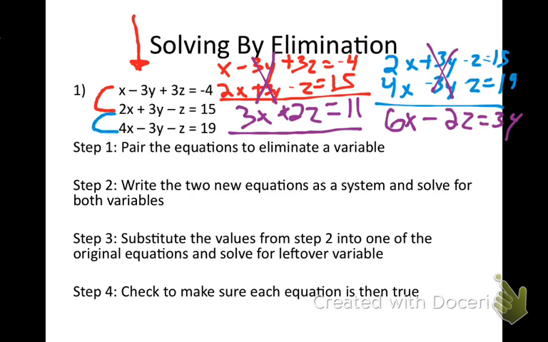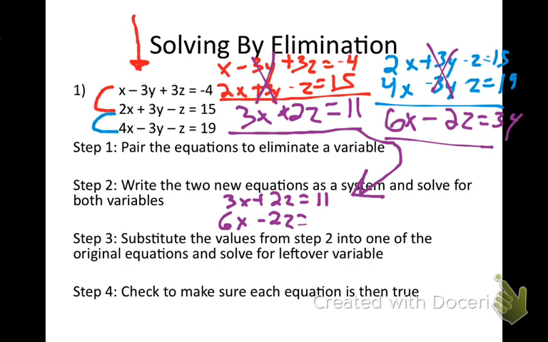From here now, I'm going to take both of these equations right down here and set them up to eliminate again. So 3x plus 2z equals 11. 6x minus 2z equals 34. Now from here, do you see how this is a problem very similar to what we've been doing? Yes.